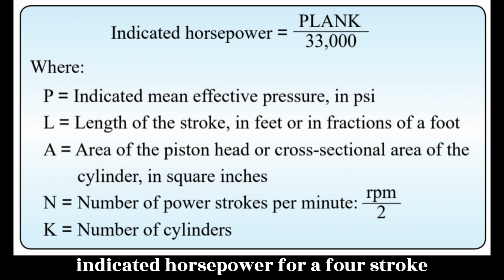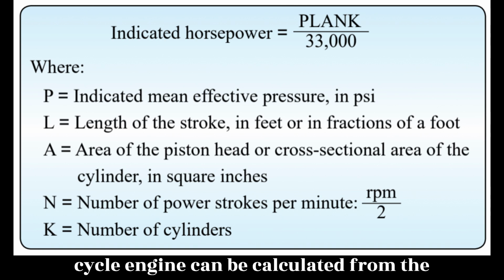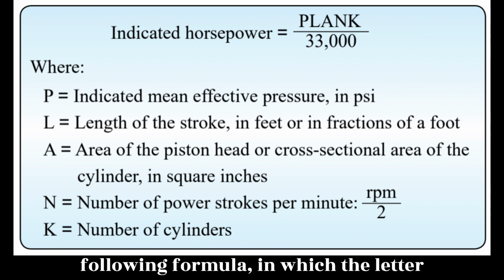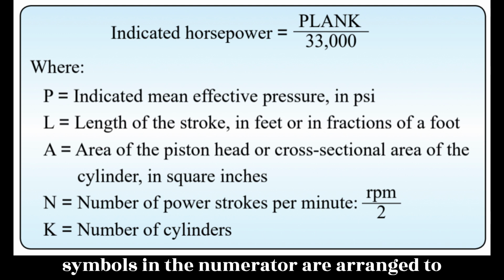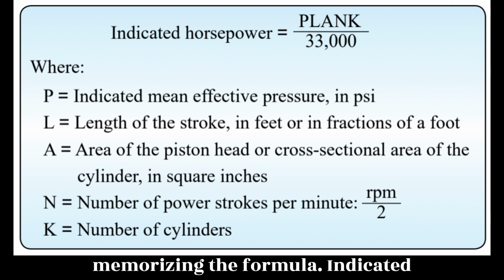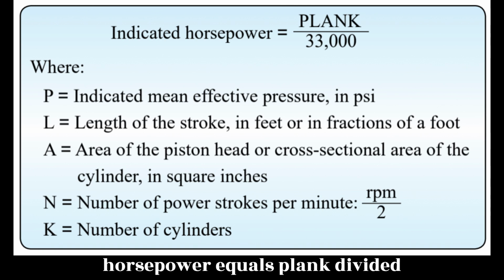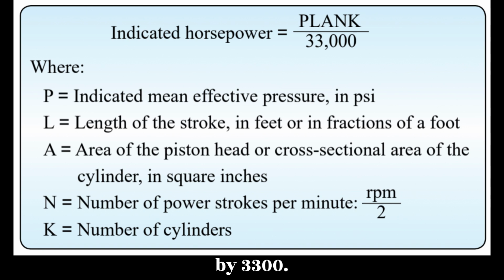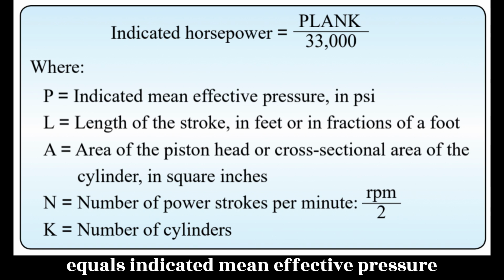The indicated horsepower for a 4-stroke cycle engine can be calculated from the following formula, in which the letter symbols in the numerator are arranged to spell the word PLANK to assist in memorizing the formula. Indicated horsepower equals PLANK divided by 33,000, where P equals indicated mean effective pressure, in psi.